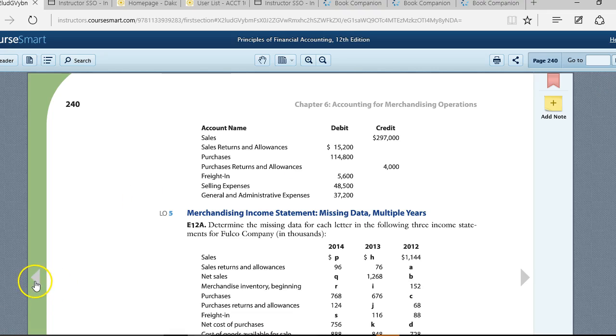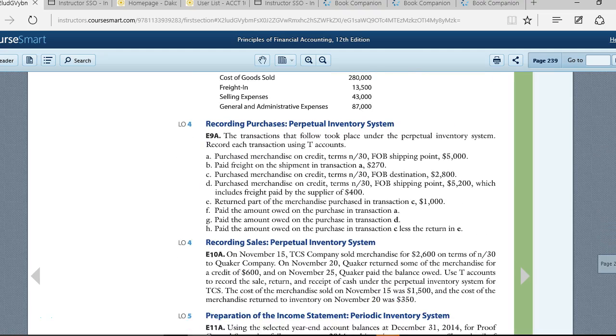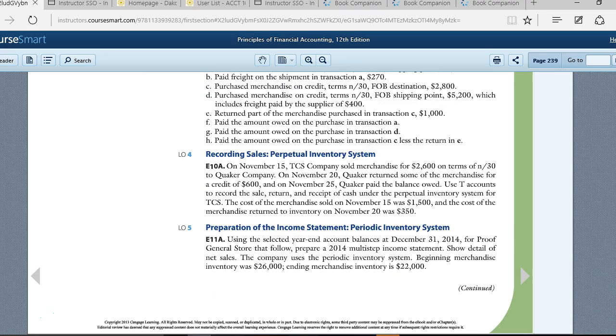Actually, you know what we're going to do before we do? We're going to create the income statement using the periodic system. So a lot of those different accounts we were talking about, let's create one.